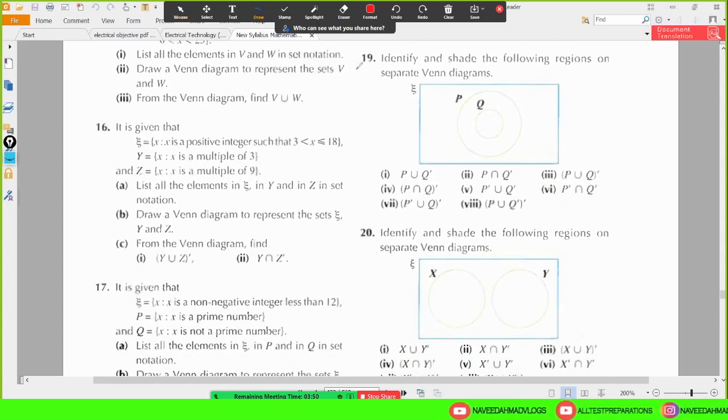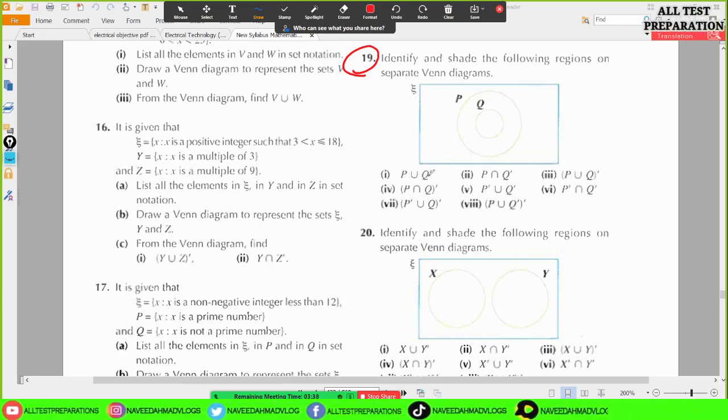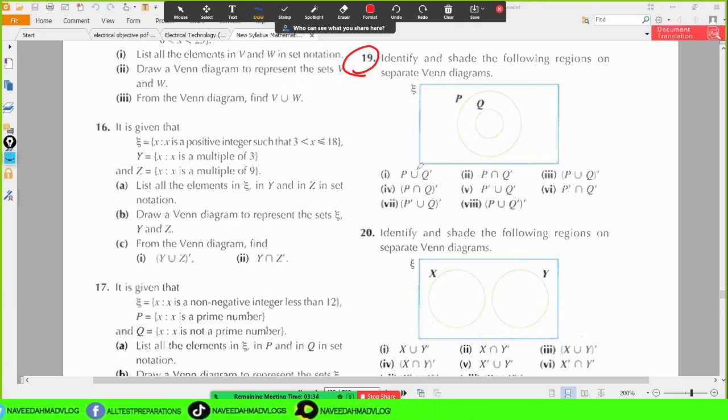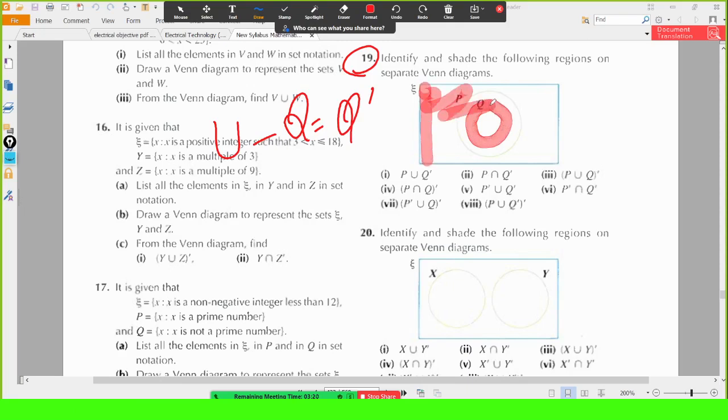Now let's do question number 19. Identify and shade the following region on separate Venn diagrams. So this Venn diagram is given to you. First of all, you will need to shade Q bar. What will Q bar be? Q bar means U minus Q. So except Q, you will shade everything.